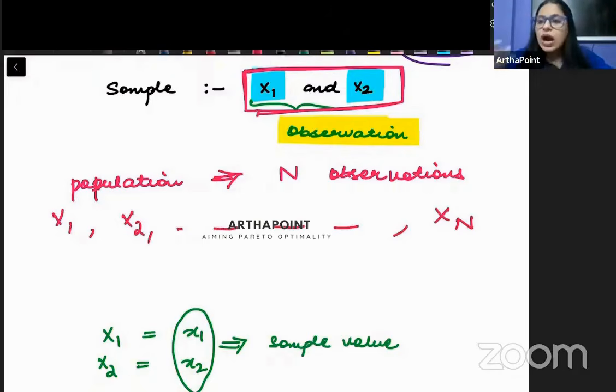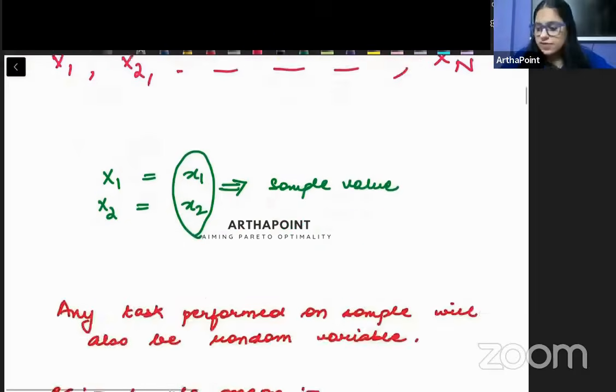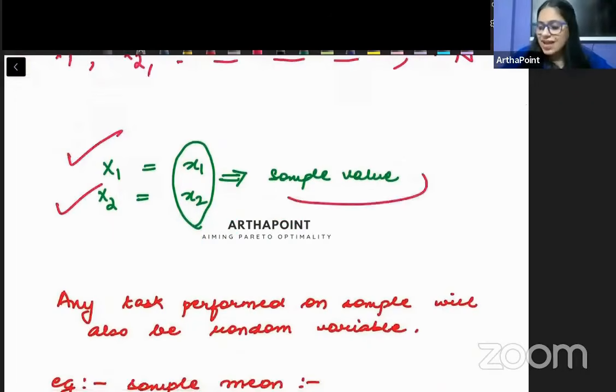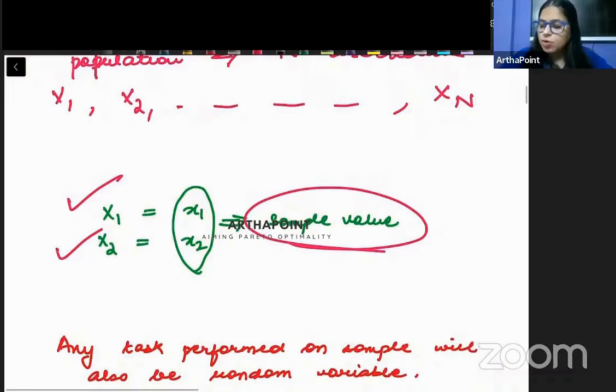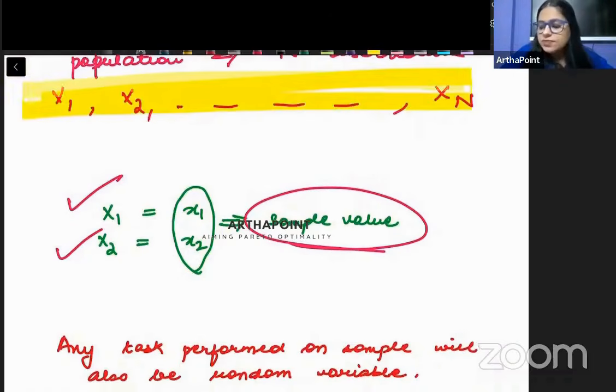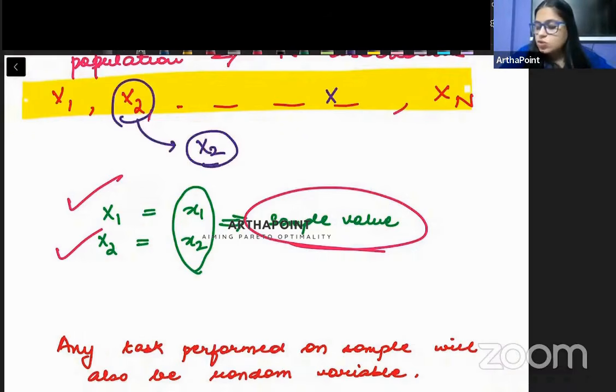Now what you will do, out of these n observations, आपने कोई 2 observations लेके उसका sample बना दिया, right? Now the value of these observations, तो जैसे अगर मैंने आपको बोला कि ठीक है मैम, I told you कि out of these n observations, create a sample of 2 observations. तो आपने क्या किया? You tell me that look ma'am, I am choosing the observation number 2 and I am choosing observation number 10. मैंने बोला okay.